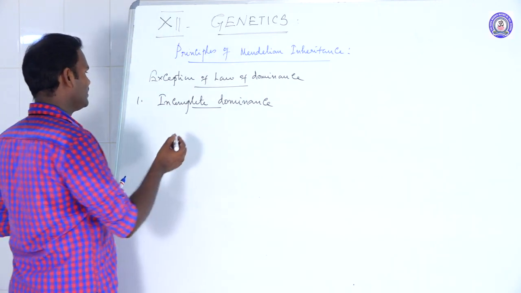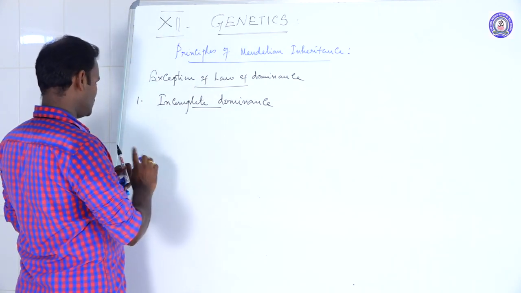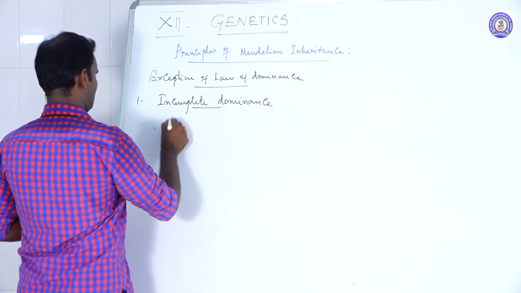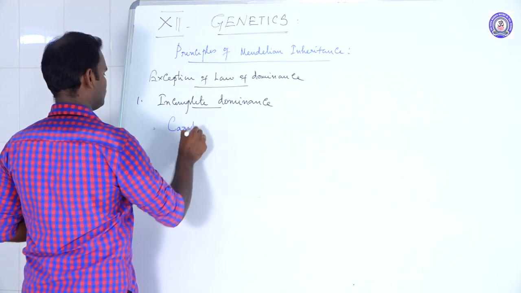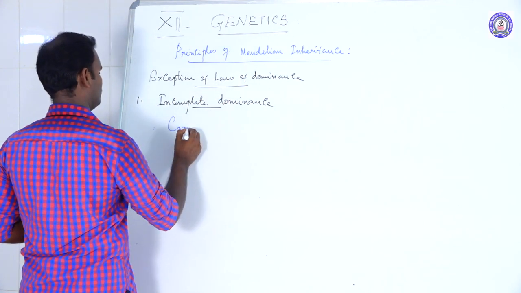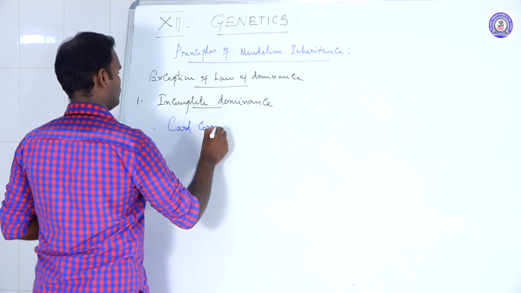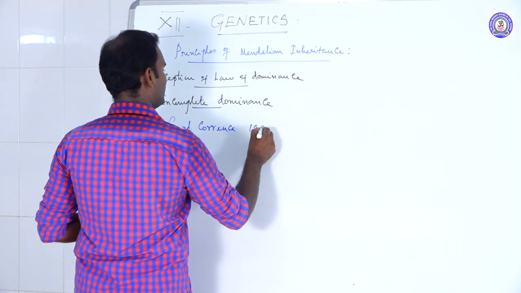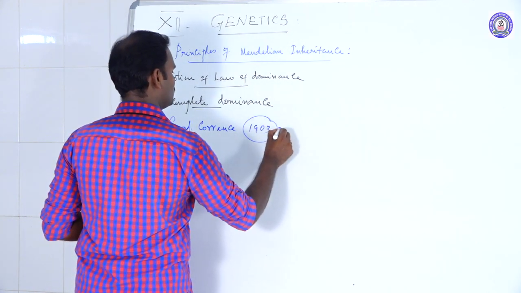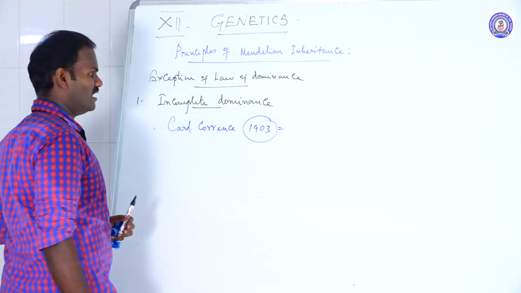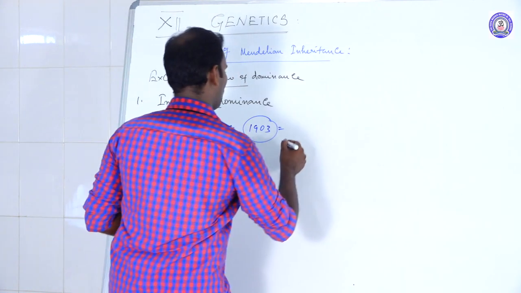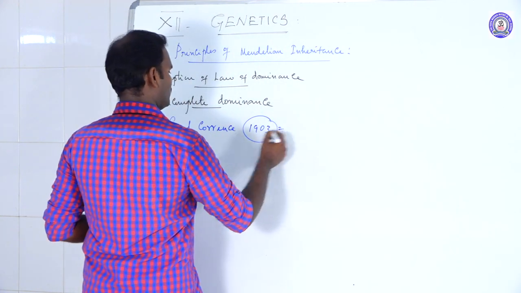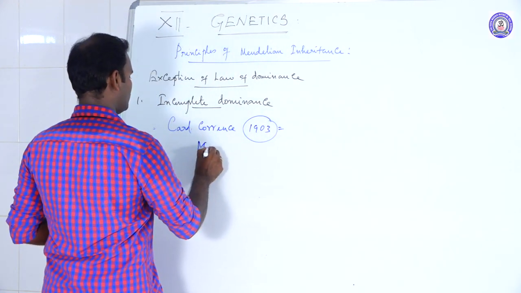As an example of incomplete dominance, it was first observed by Karl Correns. In 1903, Karl Correns observed incomplete dominance in the four o'clock plant, Mirabilis jalapa.